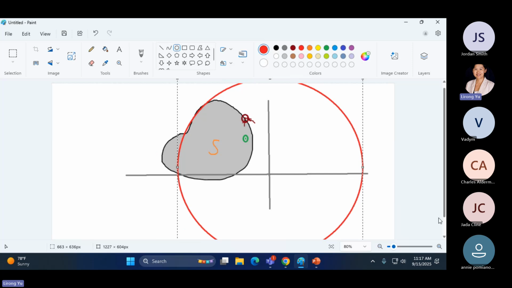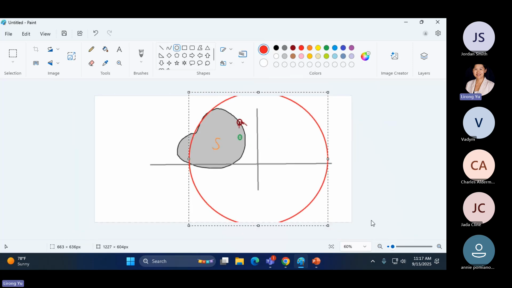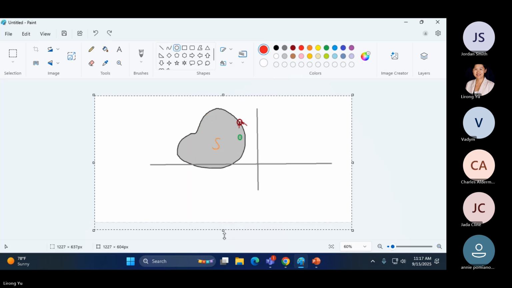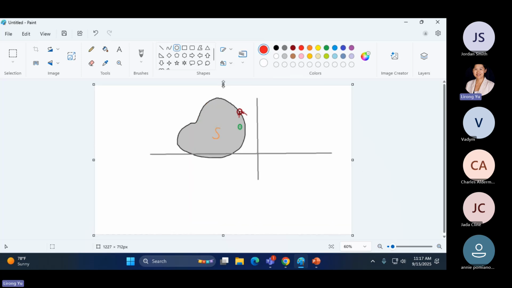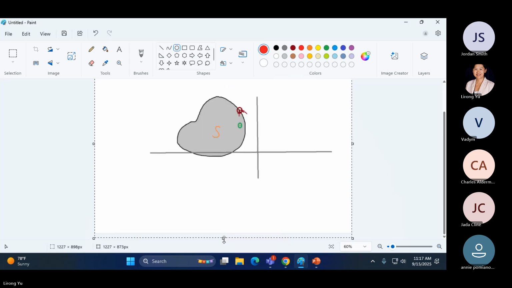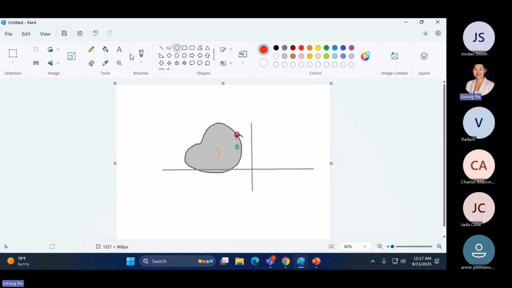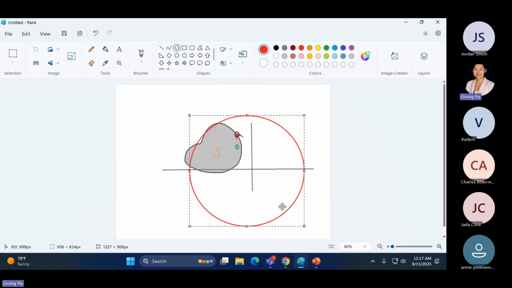Oh, that's not large enough. See, the space is large. Trying to set the stage for a larger circle. Okay, so because it's bounded, I can always find one, still not large enough.